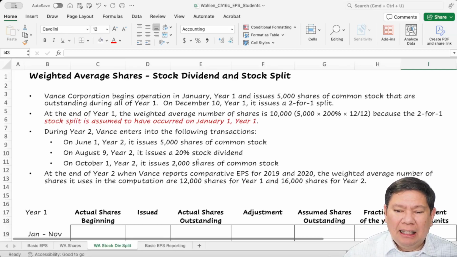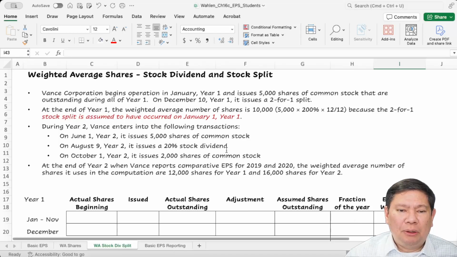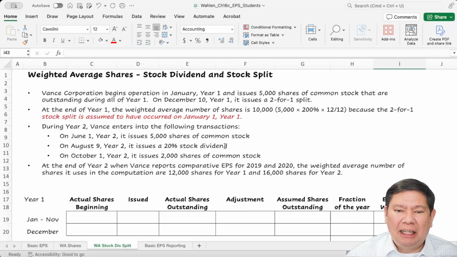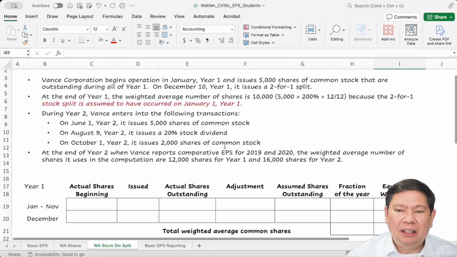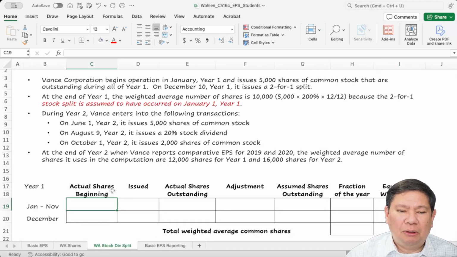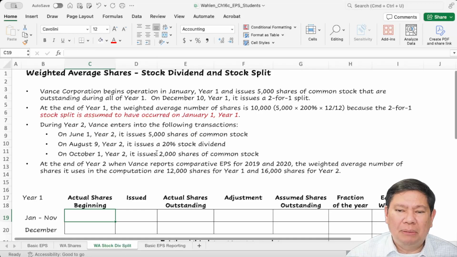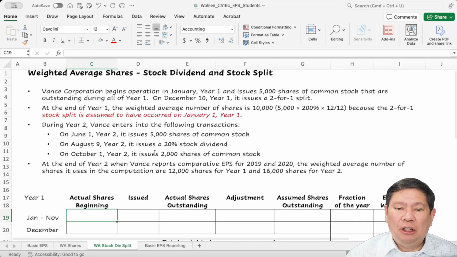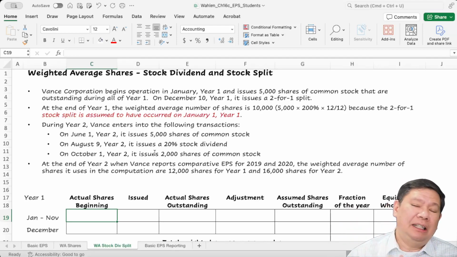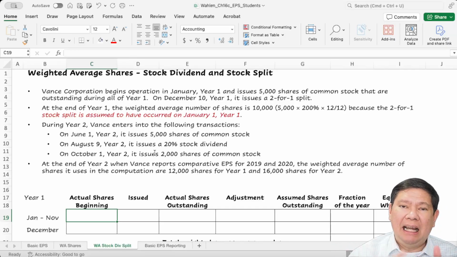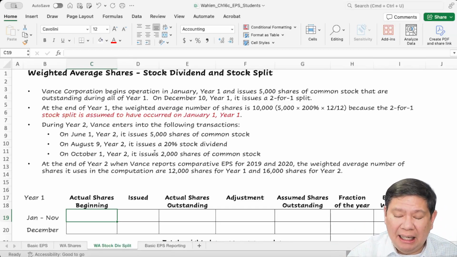So let's take a look at our example here. Vance Corporation begins operation in January, year one, and issues 5,000 shares of common stock. On December 10 of year one, it issues a 2-for-1 stock split. Now, a real company will probably use daily data, but for our simplification, we assume monthly data.